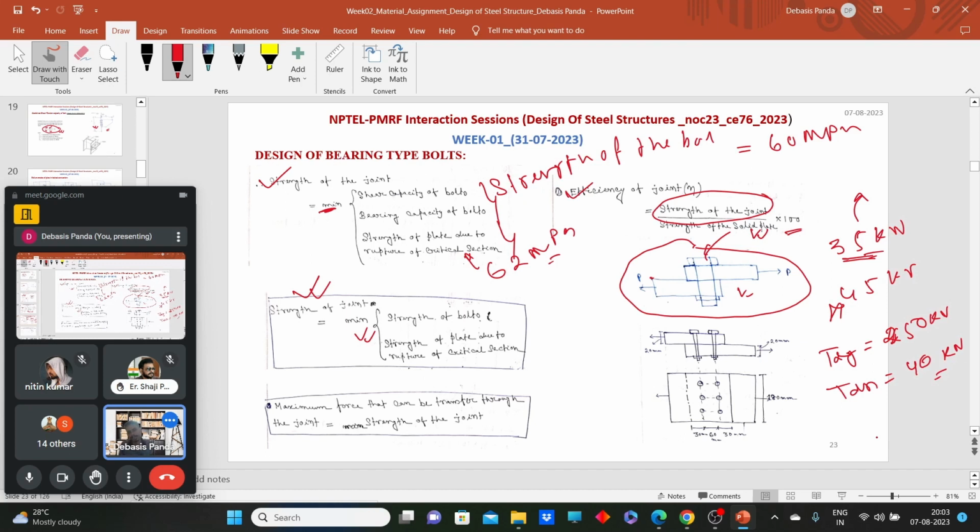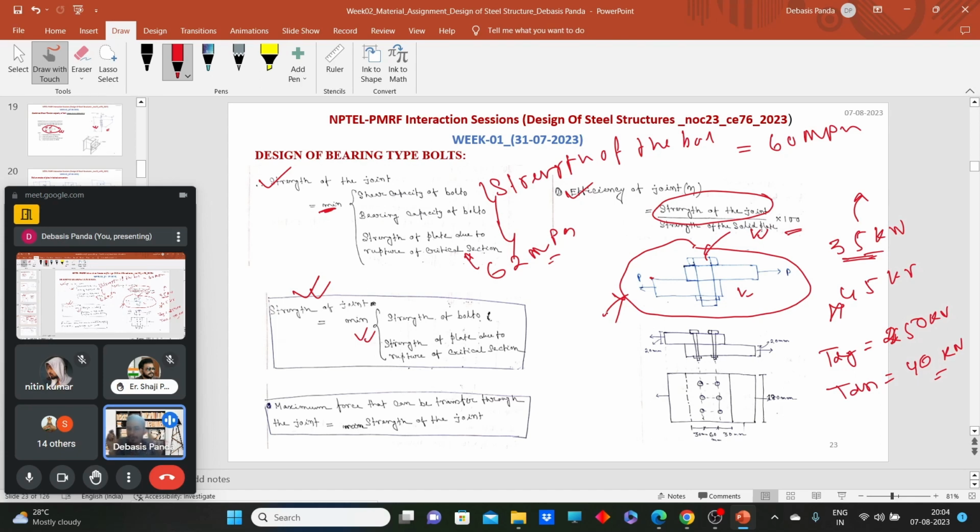Now tell me how much load this joint can transfer. The bolt has shear capacity 35 kilonewton. The bolt has bearing capacity 45 kilonewton. The plate has the strength due to yielding of gross cross section, that is 50 kilonewton. Now TDN we have 40 kilonewton.